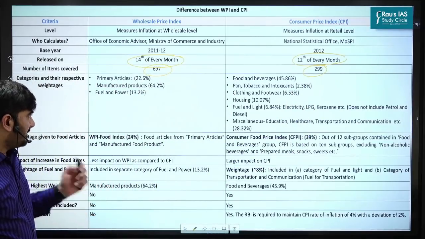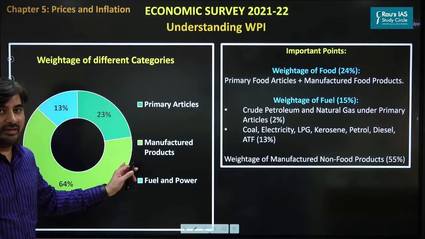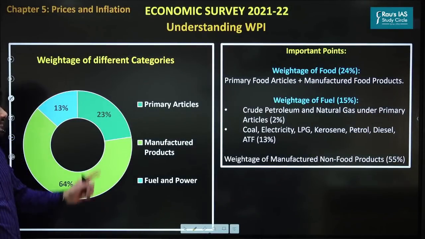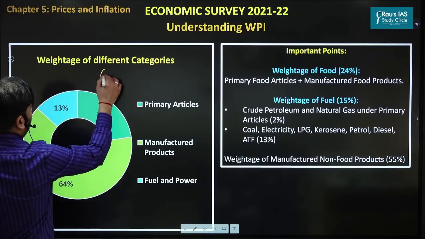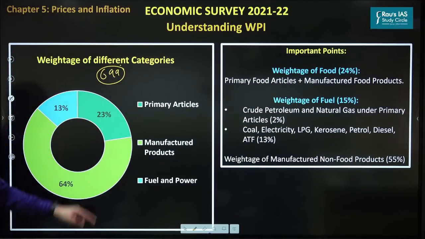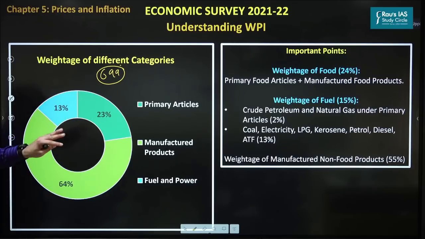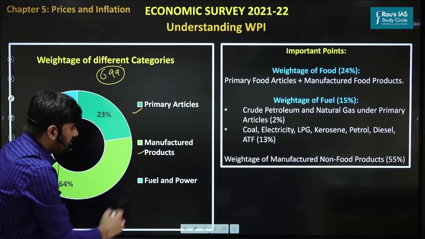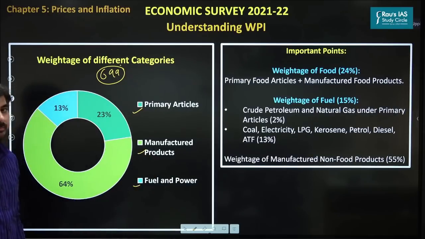Now look at this. Can you see this WPI graph? As I said, WPI measures inflation in almost 699 commodities. These 699 commodities can in turn be categorized into three different categories: primary articles, manufactured products, and fuel and power.